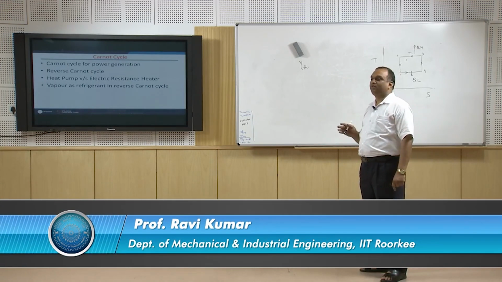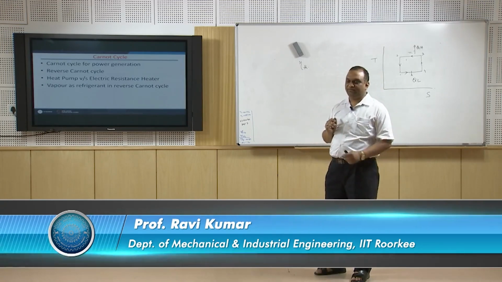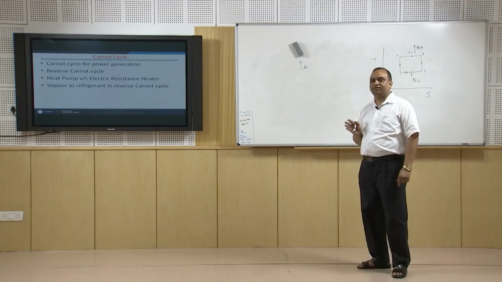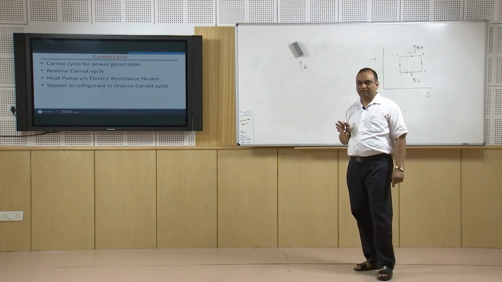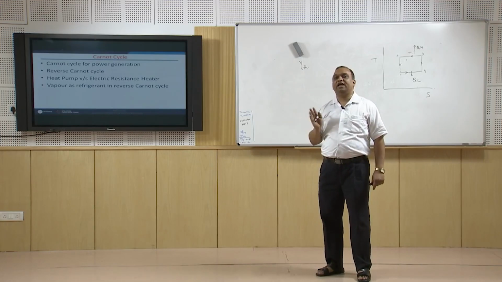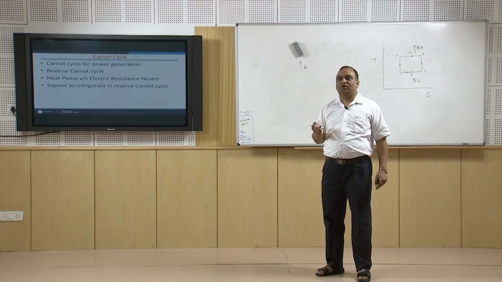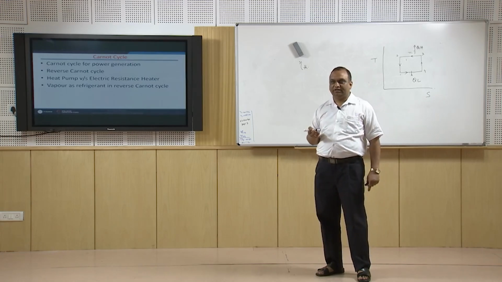So, as engineers, we should have a fairly good idea about the efficiencies of the system. For example, if I say I have a compressor which has an efficiency of 70%, is it acceptable or not? The compressor is a reciprocating compressor. Another case, I have an engine which has an efficiency of 40%. Is it acceptable or not?